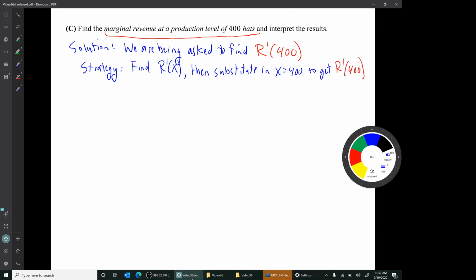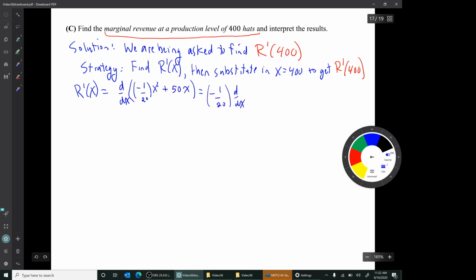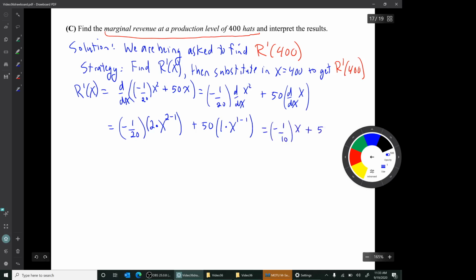So let's do the derivative. There I used the sum and constant multiple rule. Now we'll use the power rule. So the result is that R'(x) is this formula, -1/10 x + 50.